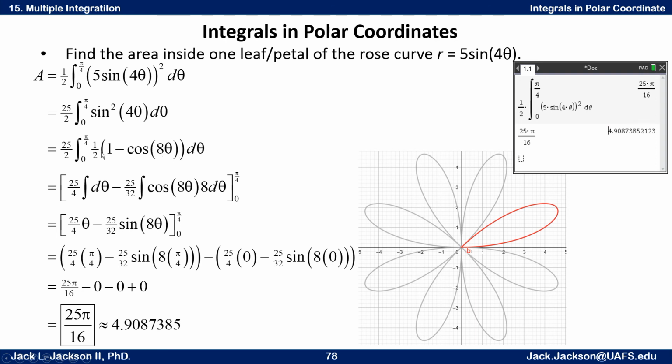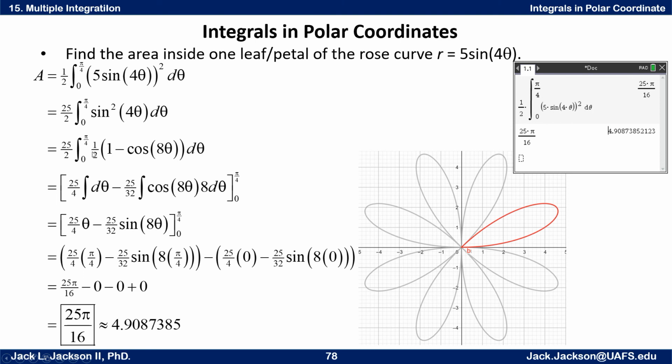I'm going to break this into two integrals. I'm going to bring the 25 times the 1/2 is 25 fourths times the integral of just 1 d theta. Then I've got minus 25 fourths times the integral of cosine of 8 theta. But when I do the integral of cosine 8 theta, I want to let u be 8 theta, so I need an 8 d theta for du, which means I put a 1/8 out here.